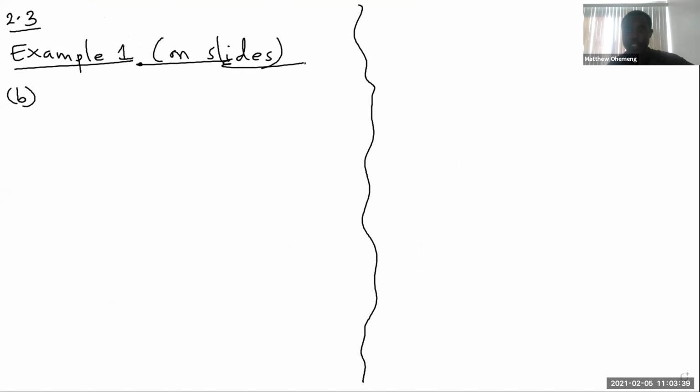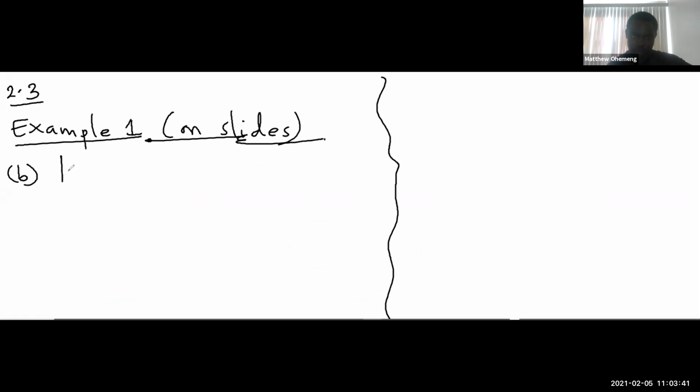So part B asked us to find the limit as x approaches 1 of f of x times g of x.